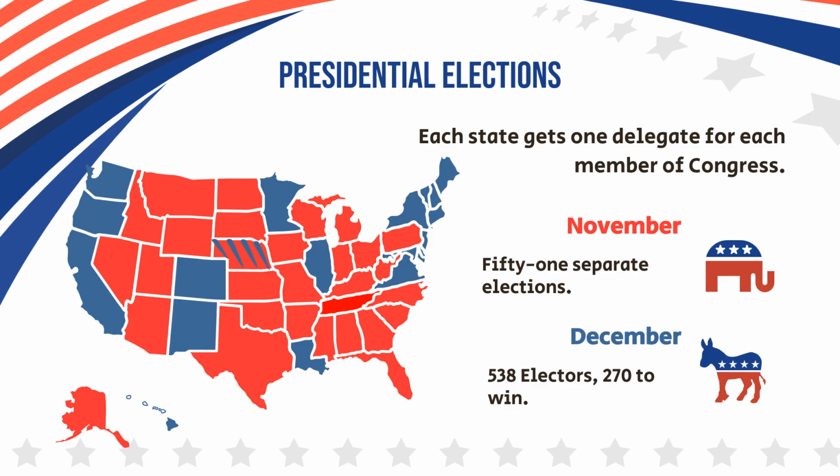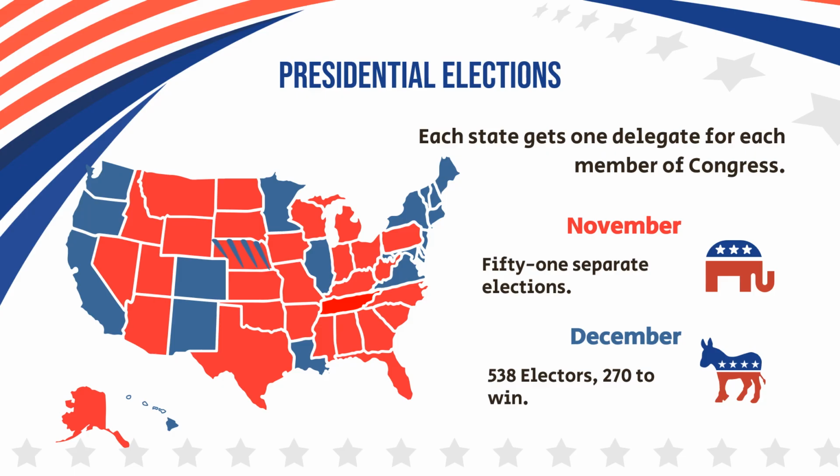Keep that in the back of your mind. It's going to be relevant before we're done. Okay, but the bottom line here is that every single state gets a certain number of electors. It could be 55, it could be 7, but those electors are going to be chosen depending on the results of the November election for that state.